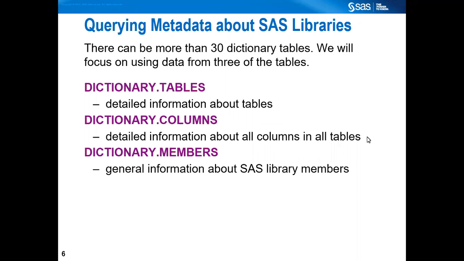Dictionary dot members is general information about the libraries. So members is a term for library. Columns is for all columns available in all tables. And dictionary tables means the tables we have throughout our session.